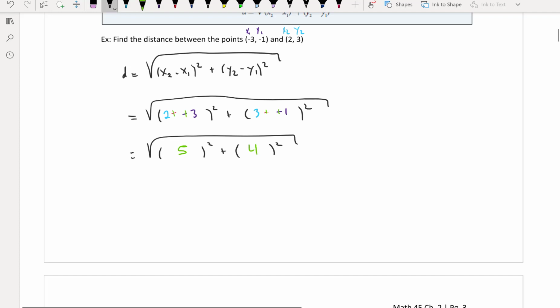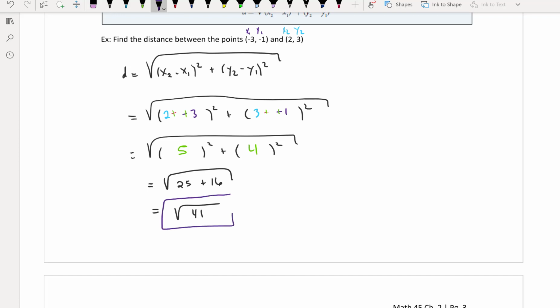Now 5 squared is 25, and 4 squared, 4 times 4, is 16. And 25 plus 16 gives me 41. So my answer here is going to be the square root of 41. That is the distance between those 2 points.